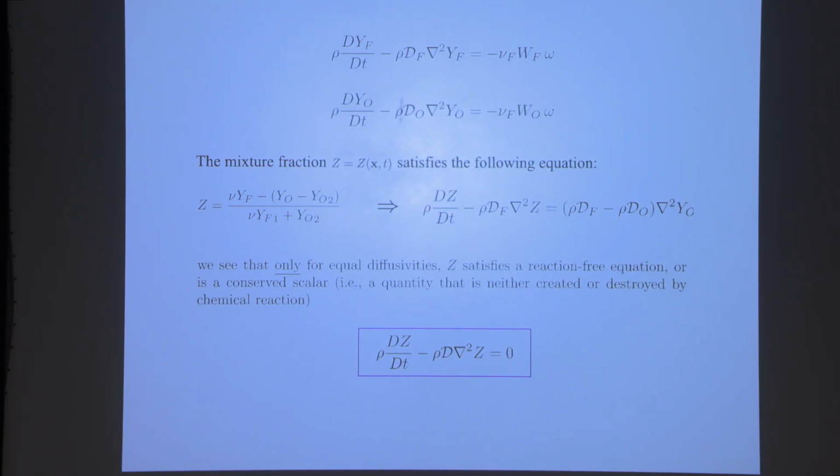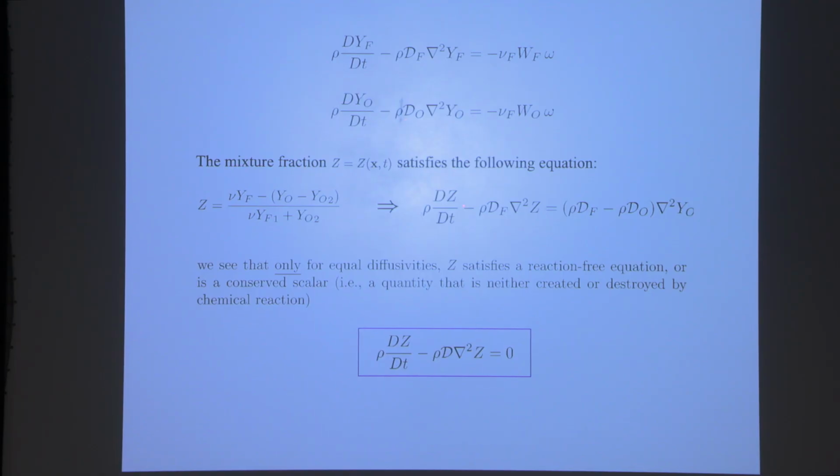The rest is a constant, so when you differentiate, the constant doesn't matter. So if you multiply this by nu and subtract from here, of course, there is a typo here that should be nu O, and nu was defined as nu O WO divided by nu F WF. So that's obvious. Then when you subtract them, you get this equation.